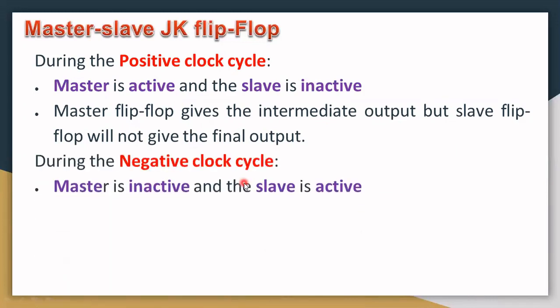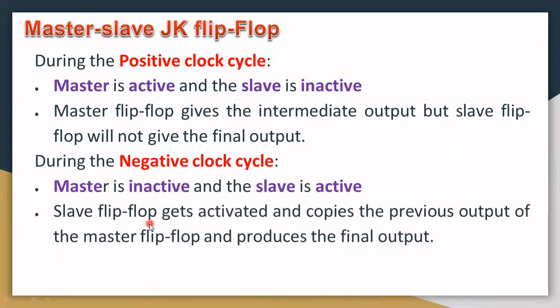During negative clock cycle, master is inactive and the slave is active. Slave flip-flop gets activated, copies the previous output of the master flip-flop and produces the final output. So the purpose of slave is just to copy the outputs of master.